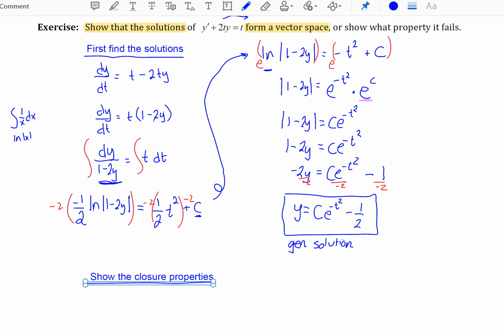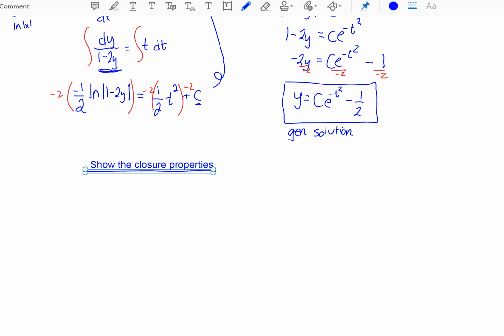Remember, we only have to show two properties, the addition and the scalar multiplication. So let's look at addition first. Let's grab two proposed solutions. Let's call them y1 and y2.